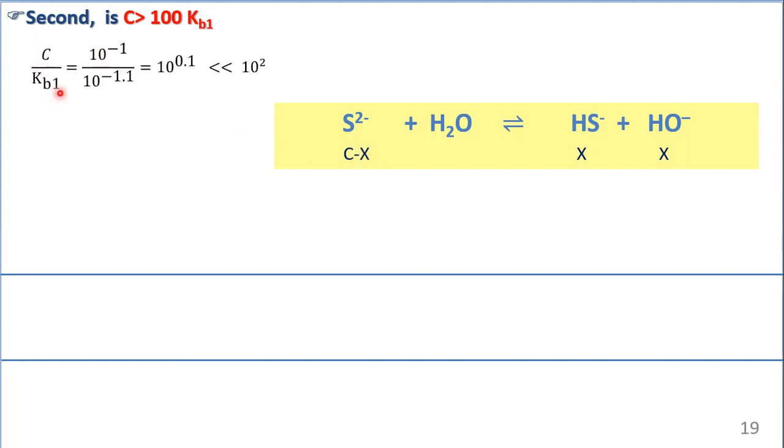Concentration divided by Kb1. Yes, Kb1. All right, this is 10 to the minus 1 divided by 10 to the minus 1.1, and I look at it. Is this greater than 100? No, it's not valid. Oh boy, not valid. So what is the equation that I have to use?